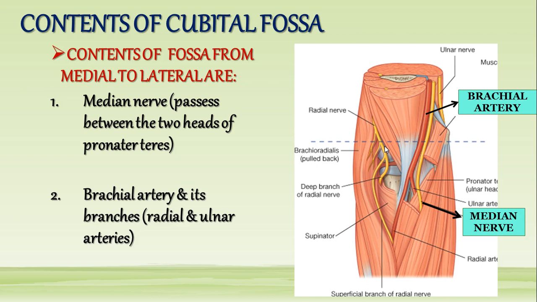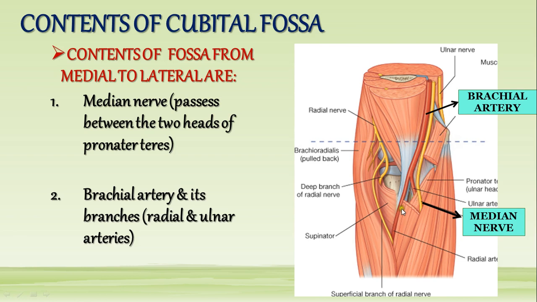The contents of the fossa from medial to lateral are, but before I go to the contents, we will briefly revise the boundaries. Okay. So, cuboidal fossa is actually a triangular depressed area anterior to the elbow joint. Superiorly, it is formed by an imaginary line between the two epicondyles of the humerus.